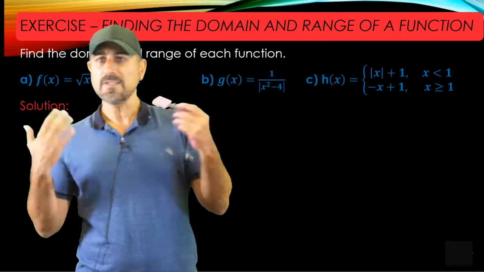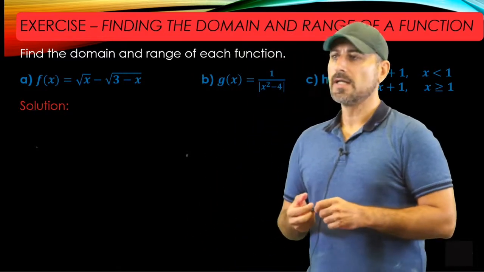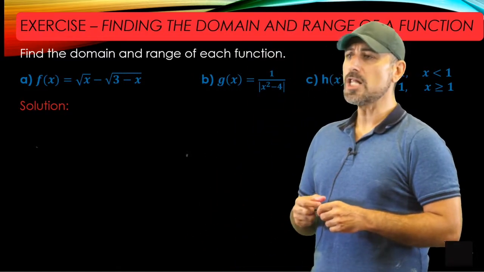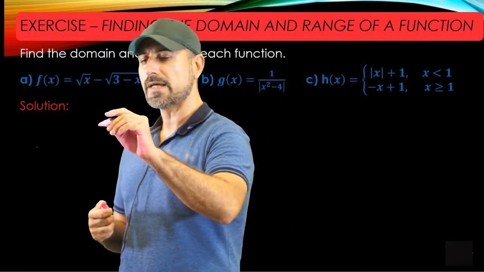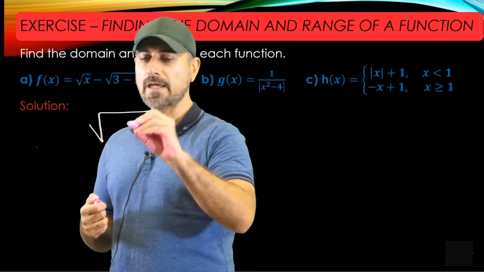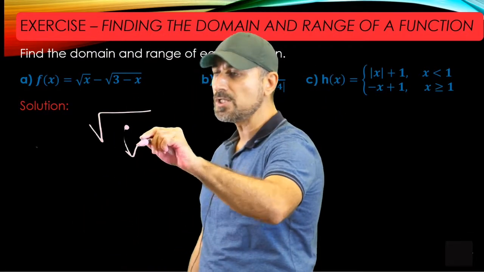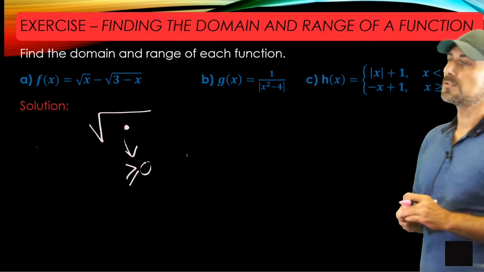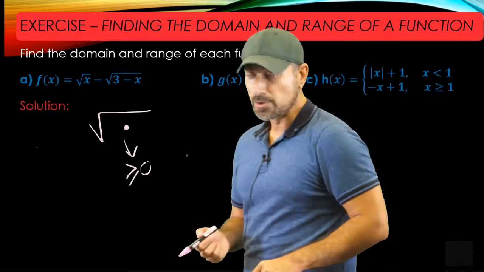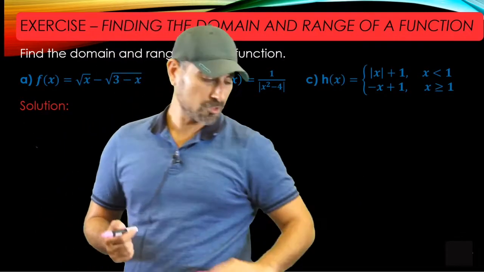The only thing that we should remember about square root functions is that you're not allowed to input a negative number under the square root. So whatever you put underneath the square root has to be greater than or equal to 0.